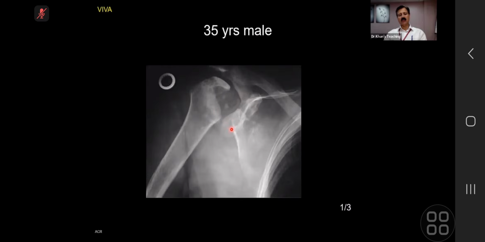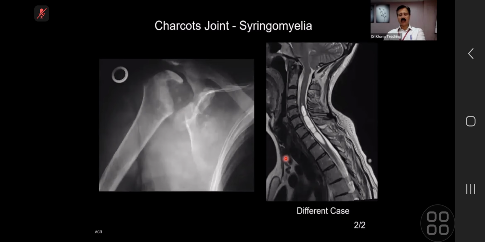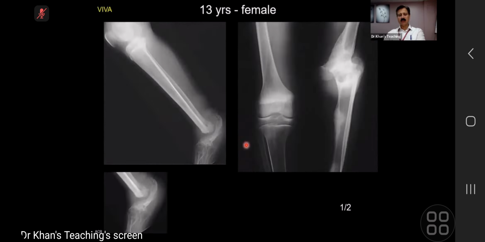Look at the glenoid, everything is abnormal. In this kind of case, you will advise MR because in the shoulder, usually you look for a syringomyelia. This is not the same case, this is a different case, but this patient also had a syringomyelia. Just to elaborate, this is a syrinx which can be symptomatic. Okay, candidate 1, over to you.